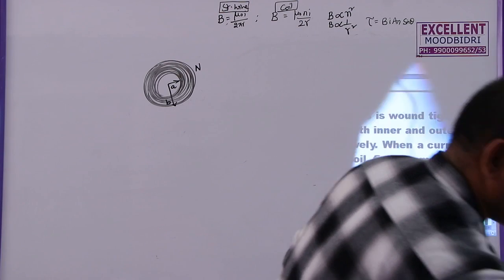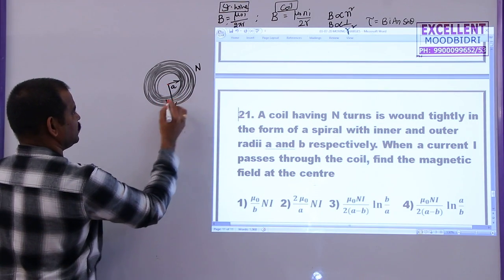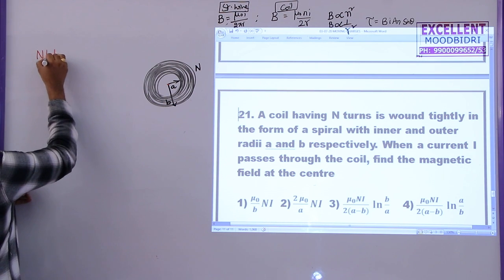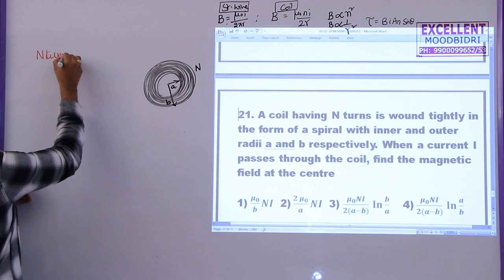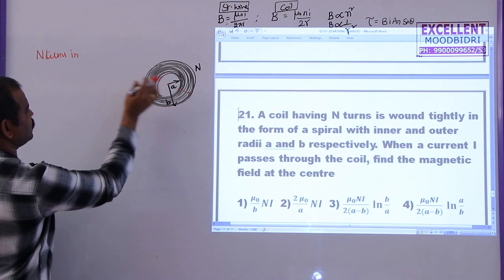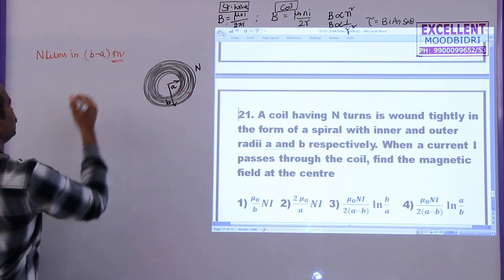To find out the magnetic field at the center at this point, as there are N turns in the space, this is B, this is A, in B minus A space, that is B minus A meters distance.